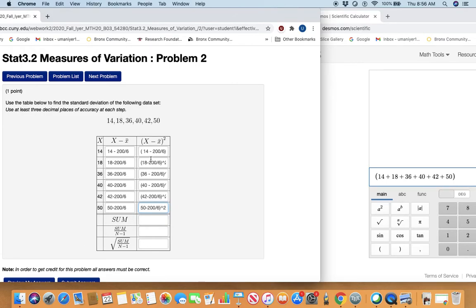Now, what is this sum? I'm going to add all these guys. That's what the sum is. So I'll copy and paste that. You see, I'm not calculating anything just to avoid incorrect approximations. So I took that. I'm going to add the next one. Again, I'm simply copying and pasting. Make sure it's after the plus. Next. Make sure there is a plus, and then that's the third one. Next.